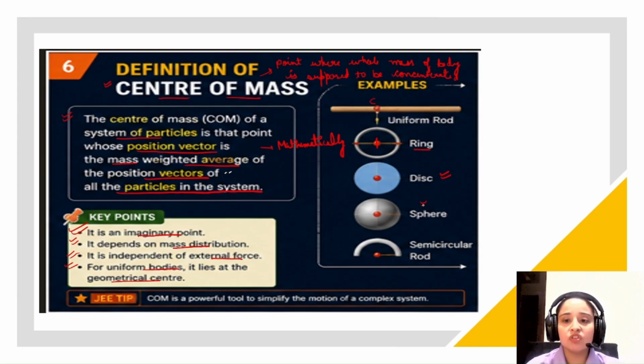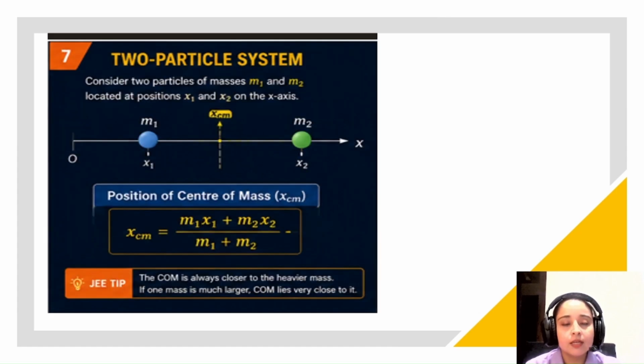Another example, a sphere: the center of mass will lie at the center of the sphere. And for a semicircular uniform rod, again it will lie at the center of the semicircular rod. It's a very, very important tool to study the motion of complex systems as well. In today's class we're going to discuss the basic ones.